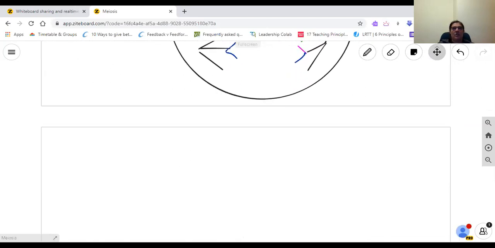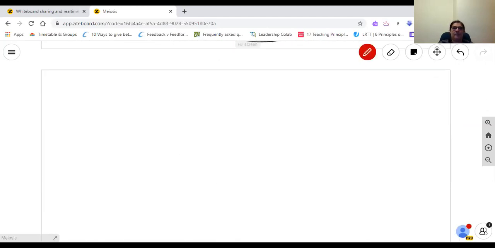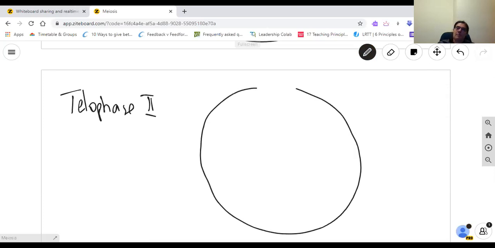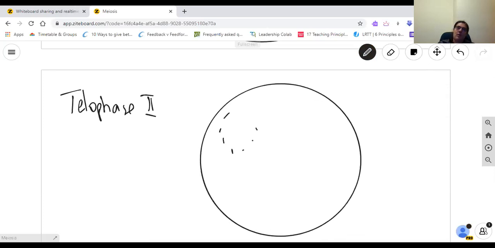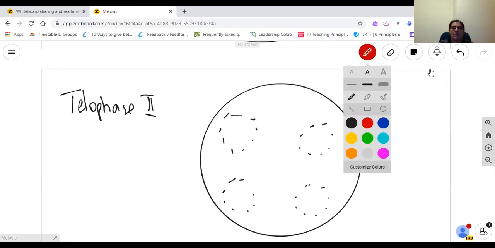Telophase Two, where you'll have now 4 individual nuclear membranes form, each round, and I apologize if I don't get the combinations quite correct, I'm just remembering them off the top of my head.